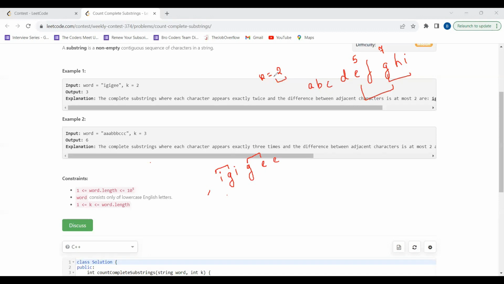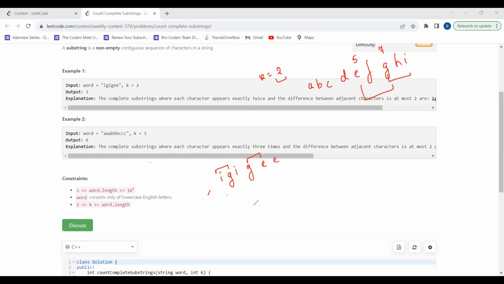So every unique character must appear exactly twice. So which complete substrings are possible?